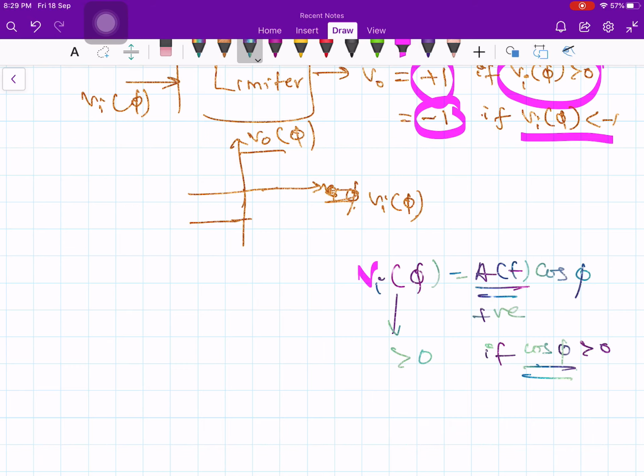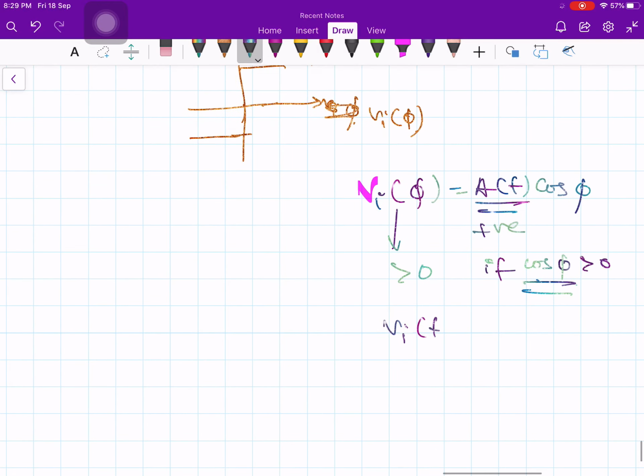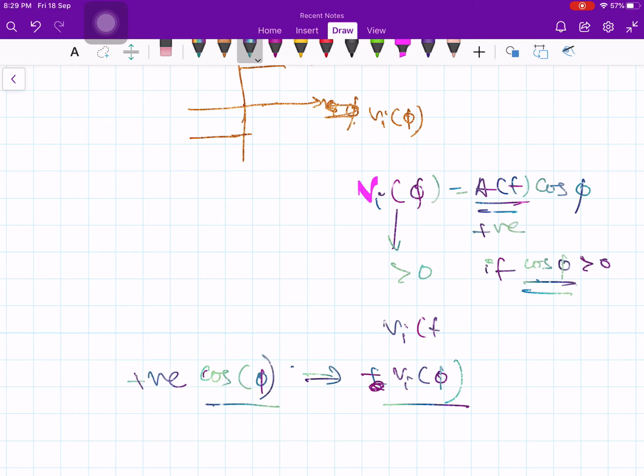If cos phi is positive, then positive cos phi implies positive vi of phi. As long as cos phi is positive, your vi is positive. If vi of phi is positive, then v naught of phi is plus 1.